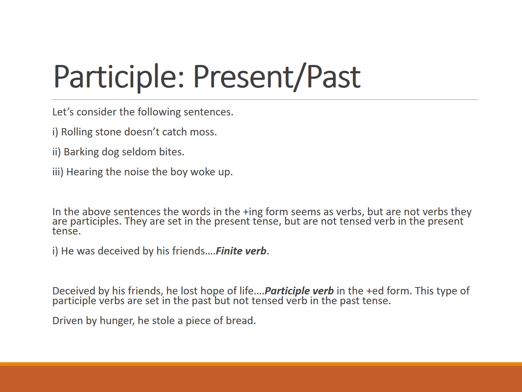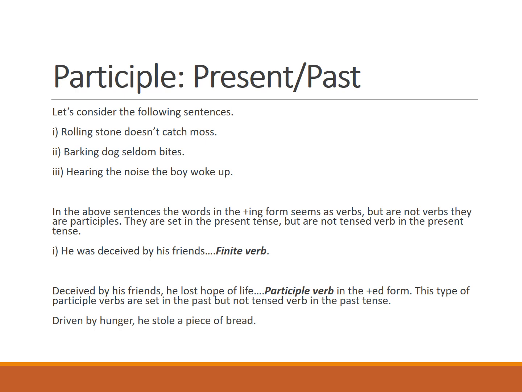So these are the participles. He was deceived by his friend, finite verb. Deceived by his friend, he lost hope of life, participle verb. So this is the participle verb in the plus ed form.